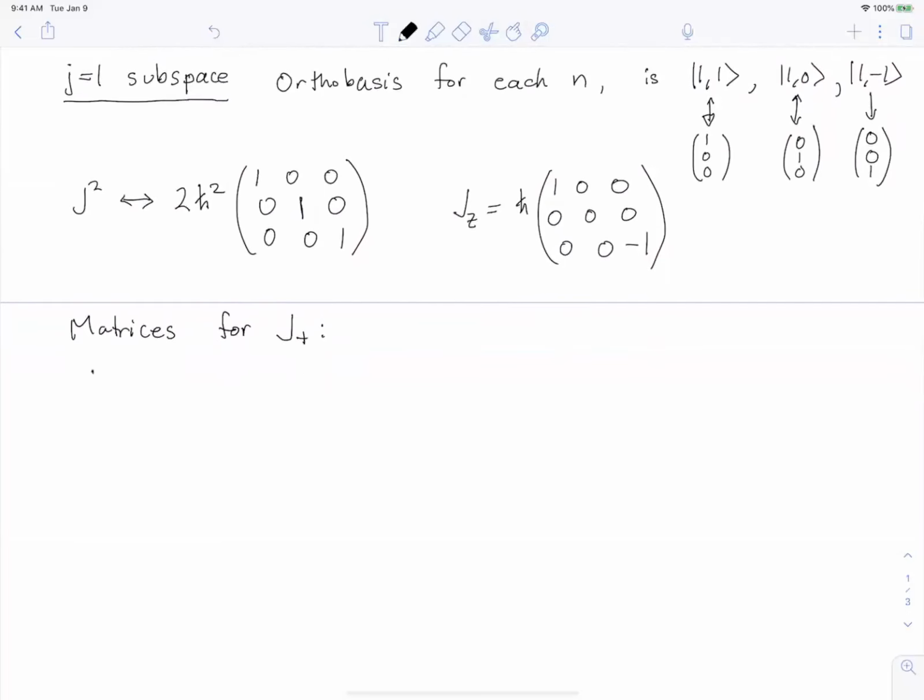So first, J plus acting on 1, 1 is equal to the null ket, because once I have the highest value of m that I can possibly have, and I try to raise it again, I get nothing. And so what that tells us is that the first column of the matrix J plus is going to be all zeros.